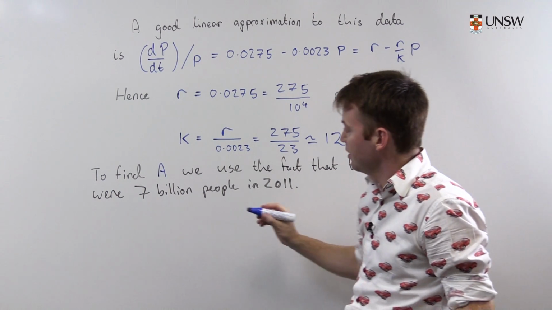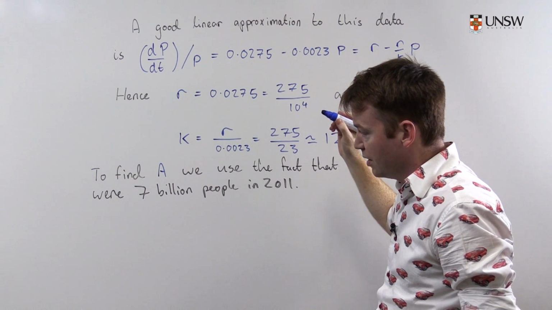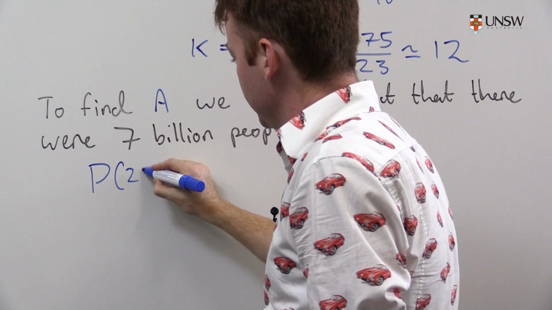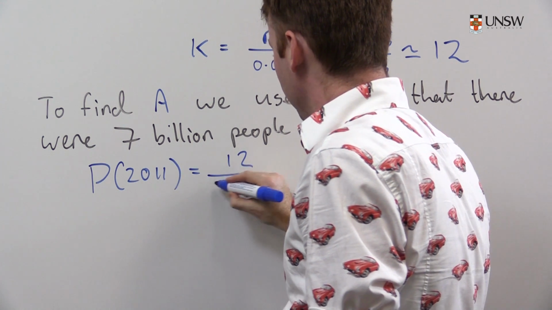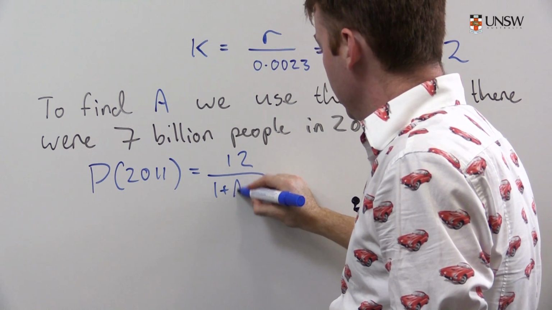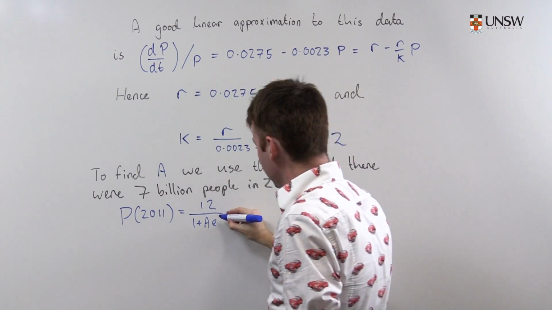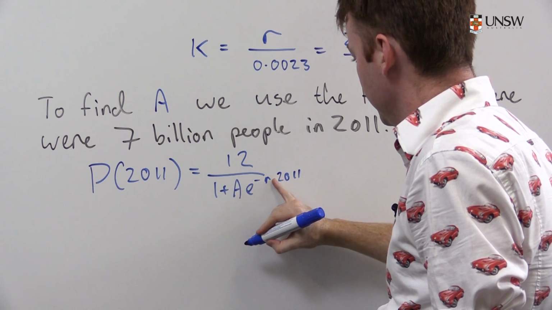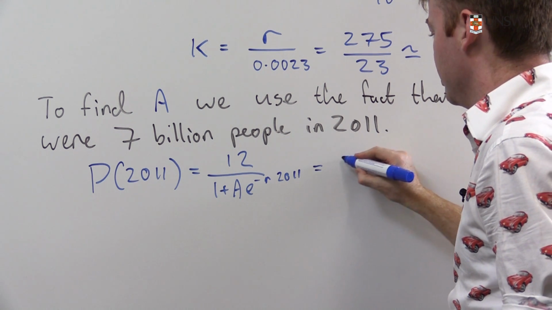So if we fit this logistic curve to our population, then P of 2011 is equal to 12 on 1 plus A e to the negative r times 2011, negative 2011r. And that's supposed to be equal to 7.